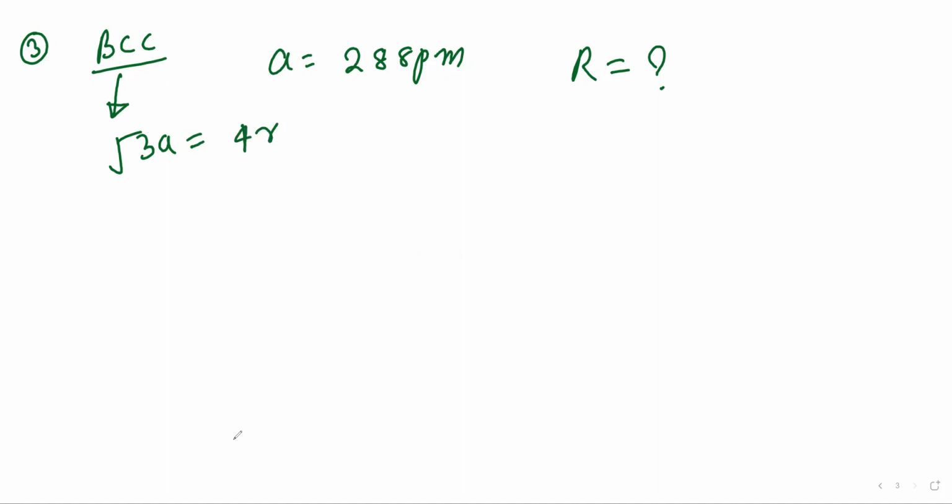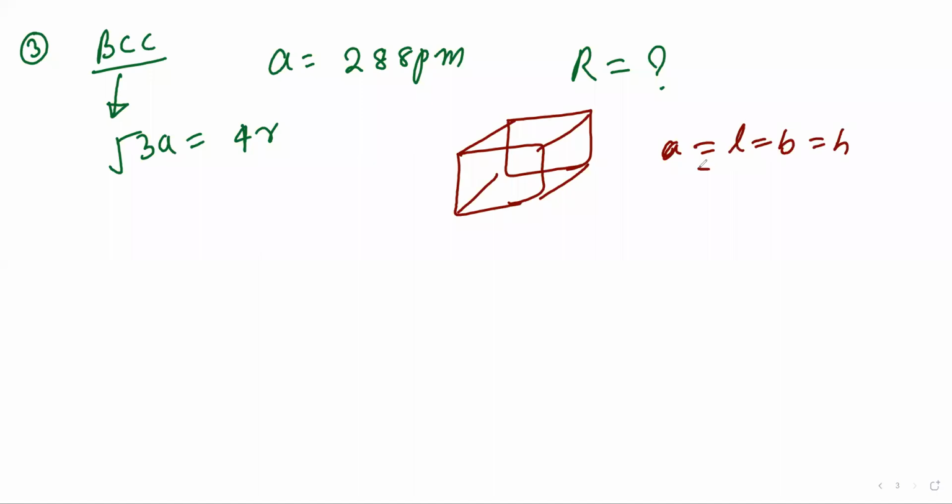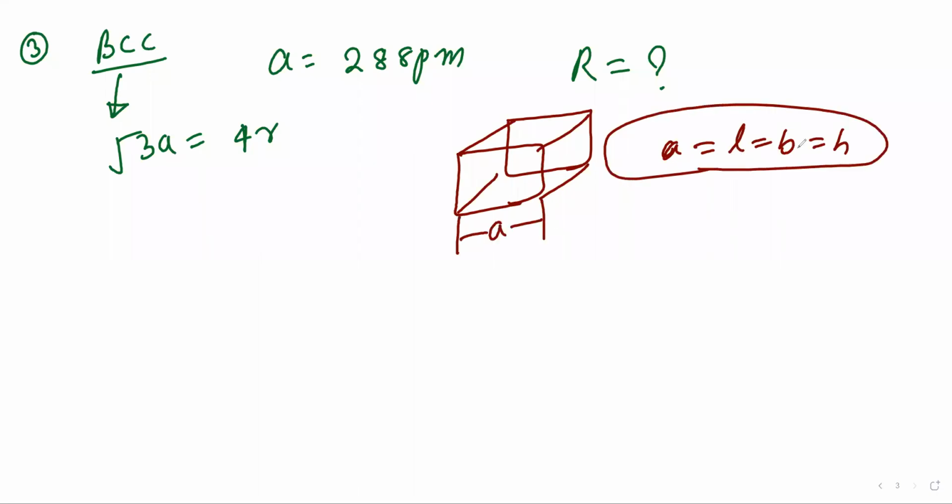So I will explain. Suppose this is your cubic unit cell. It looks like a cube, right? In a cube, length equals breadth equals height. So I will take here A. All length, breadth and height are the same, so it is your A. A is called the edge length.